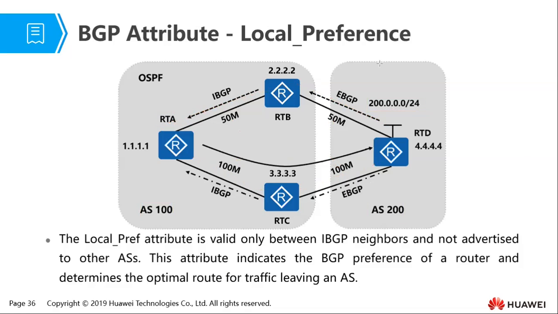How can we configure our network so that packets coming from RTA that are destined to this network can always pass through RTC? We can do that by altering the value of the local preference, making it a higher value using what we call an IP prefix and a route policy.